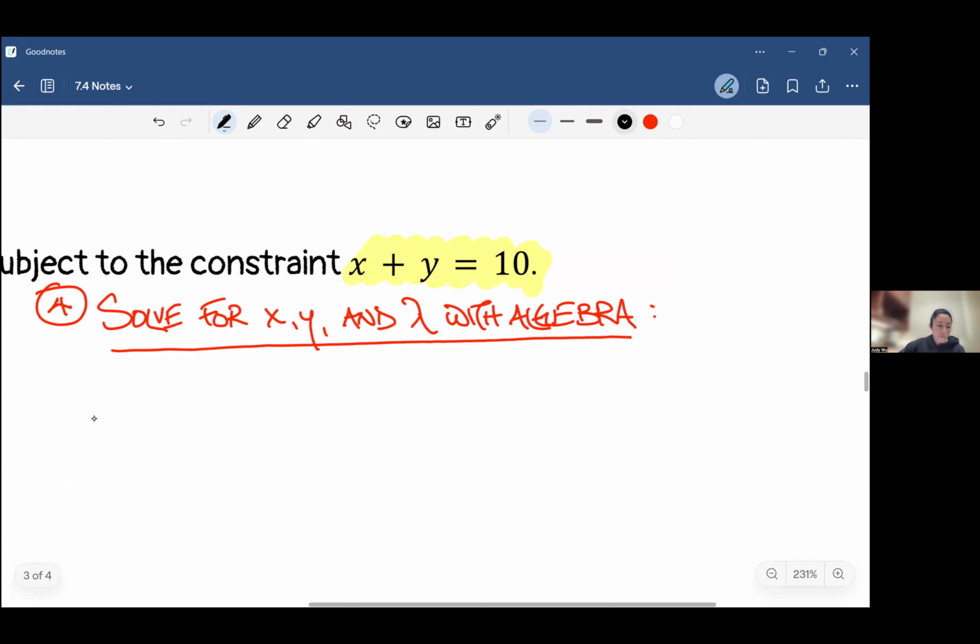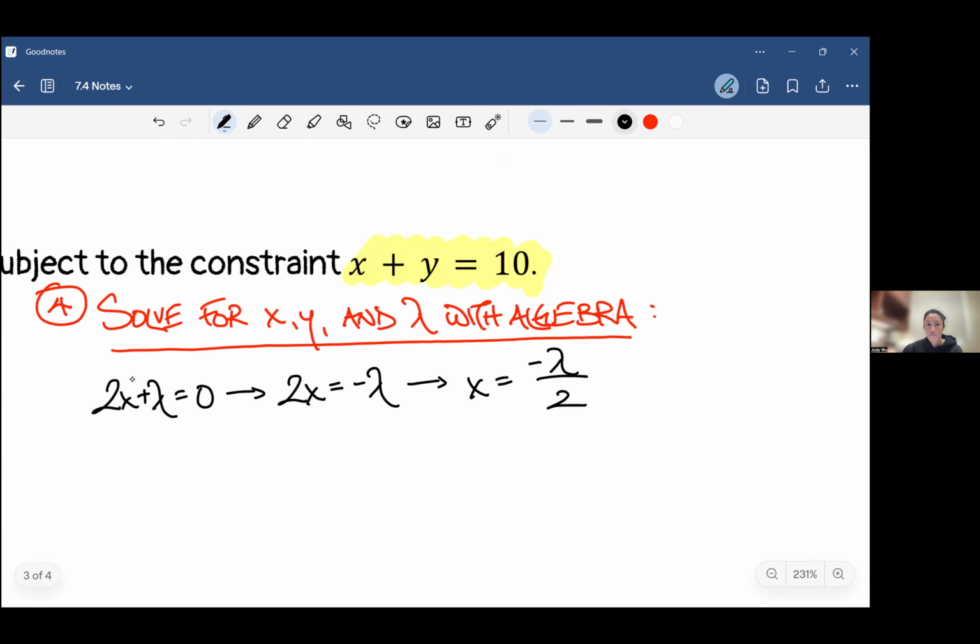Okay, so I have 2x plus lambda equals 0. And this is the same thing as saying 2x equals negative lambda, which is the same as saying x equals negative lambda over 2.